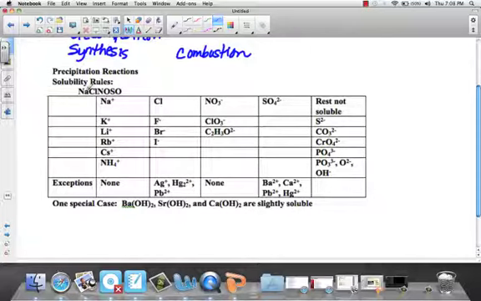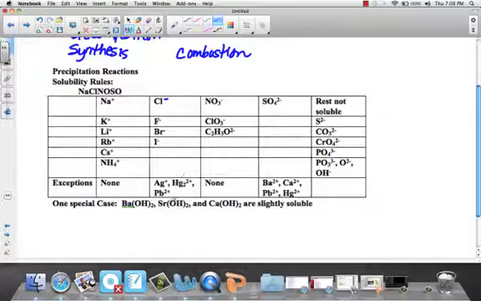So when we say Na, we're referring to sodium and other group 1 ions, such as potassium, lithium, rubidium, cesium, and the ammonium ion. So Na for group 1 and ammonium are all soluble with no exceptions. Then we get to the Cl, chlorine, meaning the halogens: chlorine, fluorine, bromine, and iodine.